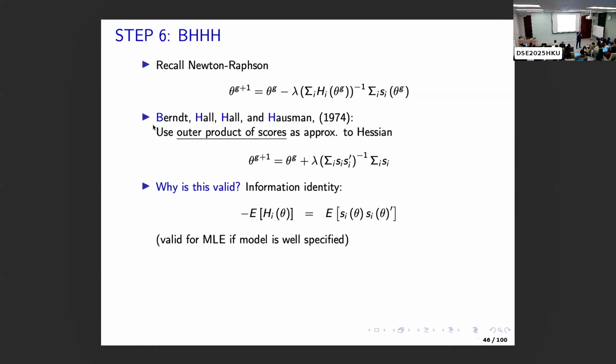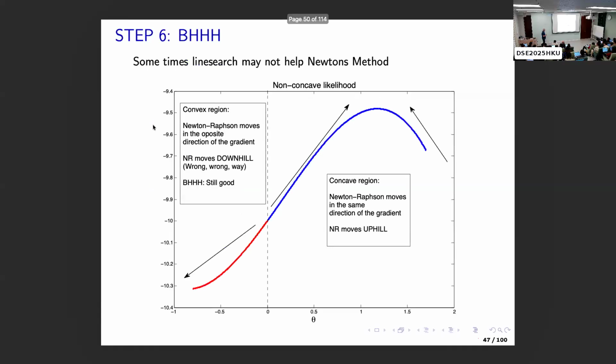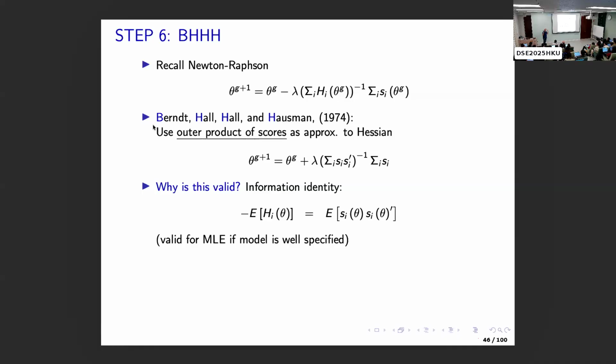Not twice. So there you go. Okay. Of course, it's only valid if the information identity holds. So that's at the true parameters. Model is well specified for n going to infinity and yada, yada, yada. Okay. Why is this smart?